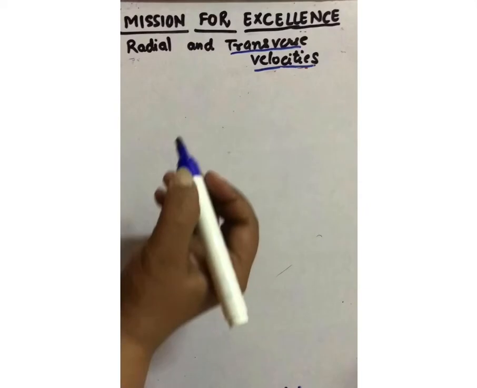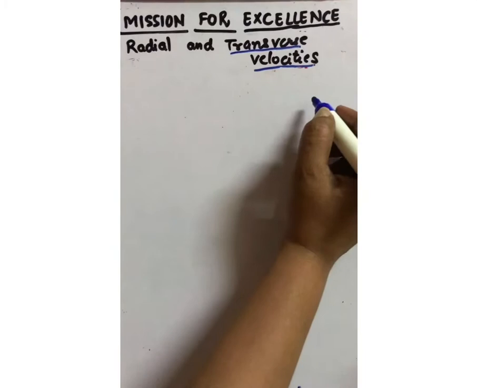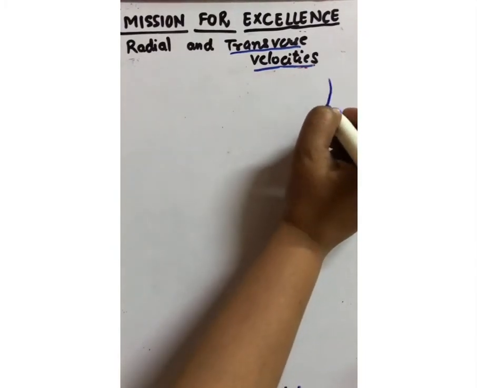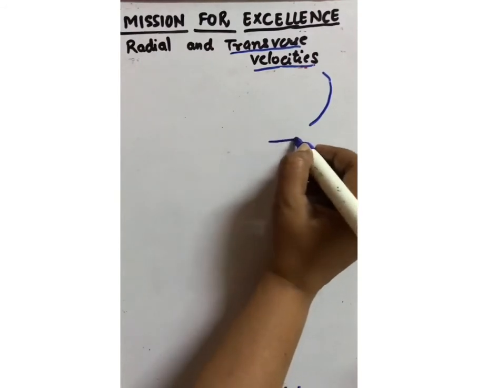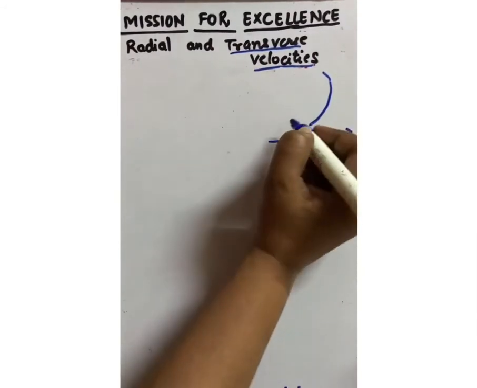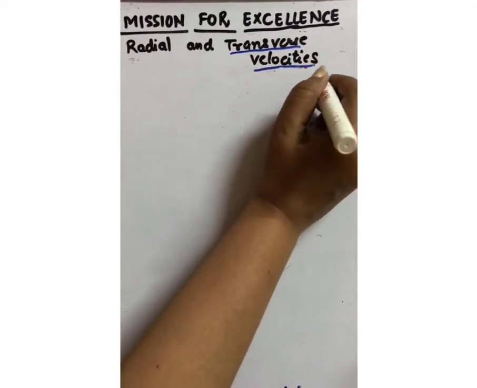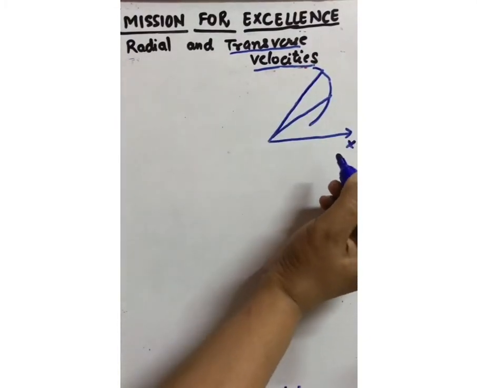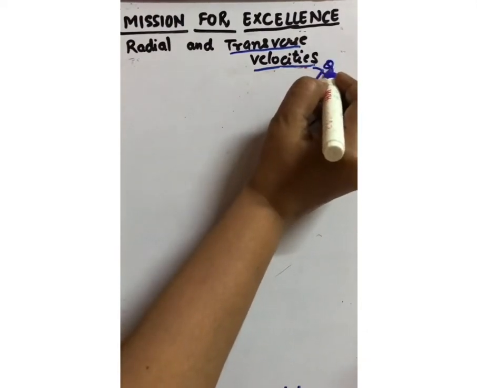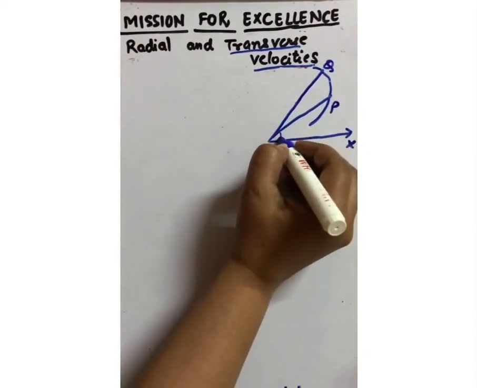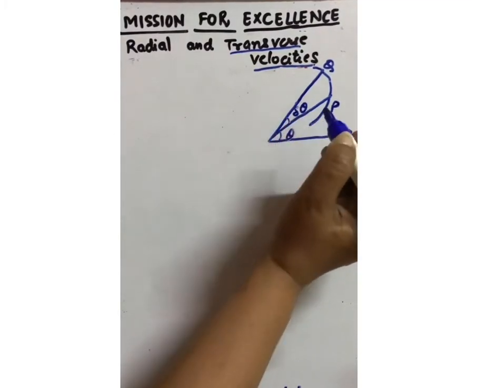Now let us derive these two velocities, radial and transverse velocities. Suppose a particle is moving along a curve and its position from O, this is the x-axis, and after some time it reaches the point Q. This is the point P we are taking, and this is the point Q. This angle we are taking as theta, and after some time the change in angle is delta theta.